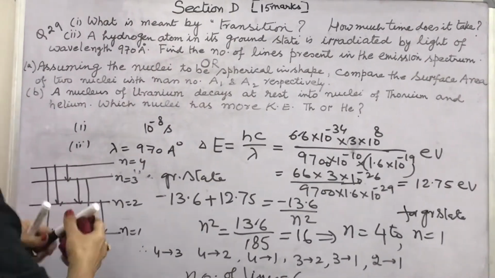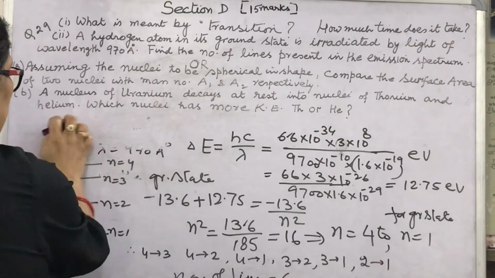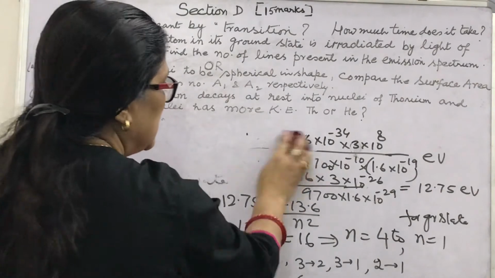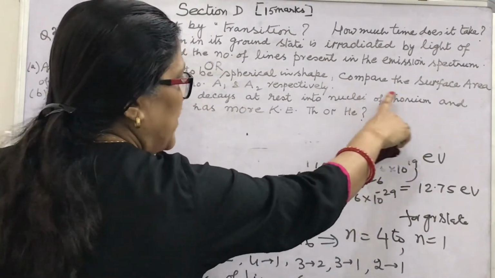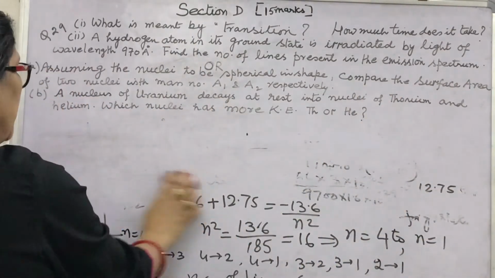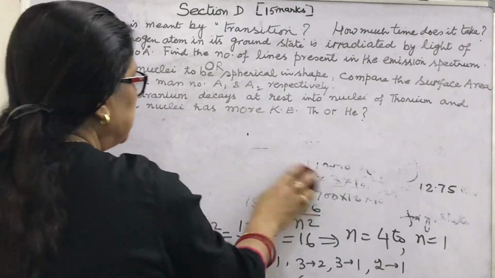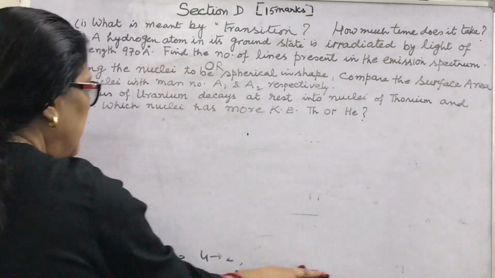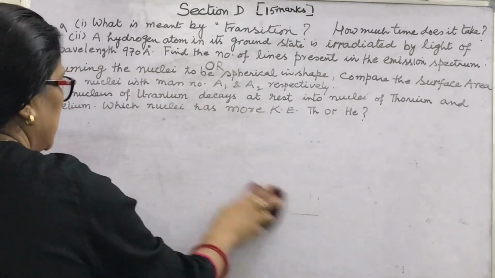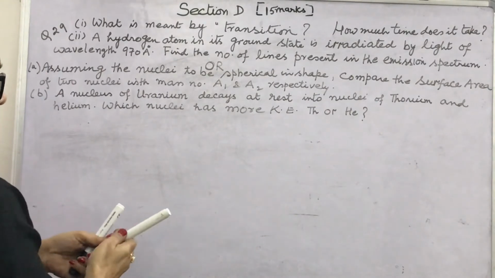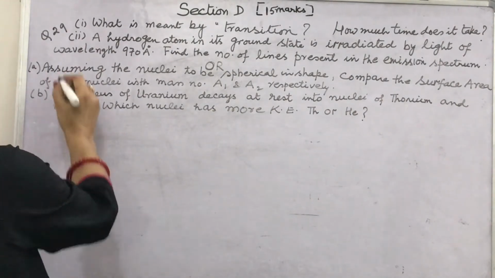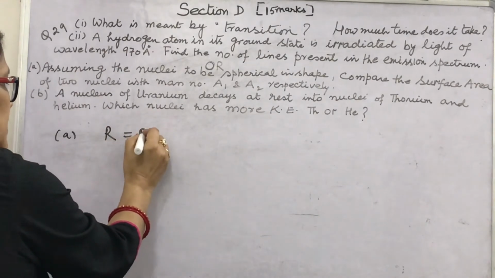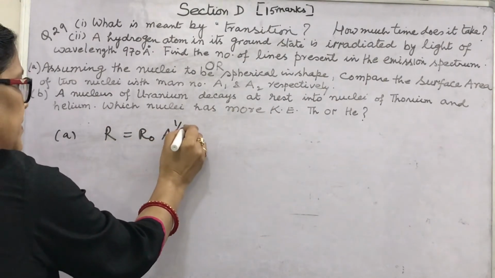Come to the choice question. In part A, assuming the nuclei to be spherical in shape, compare the surface areas of two nuclei with mass numbers A1 and A2 respectively. You know there is a relation between the radius of the nucleus and the mass number: R is given as R naught A to the power 1 by 3.